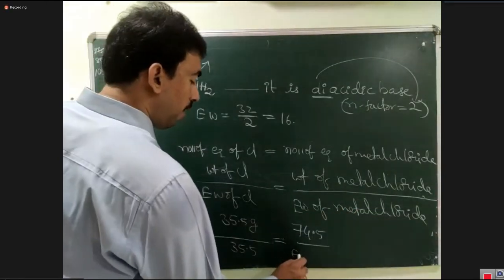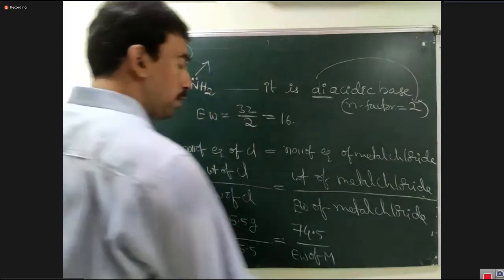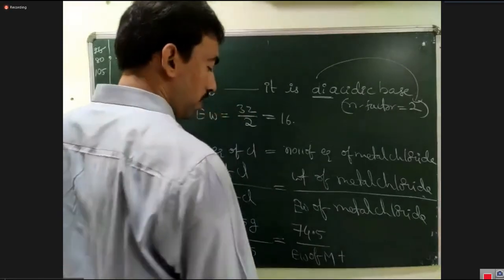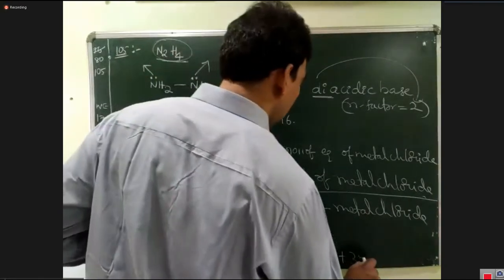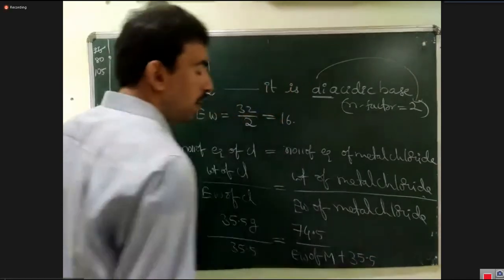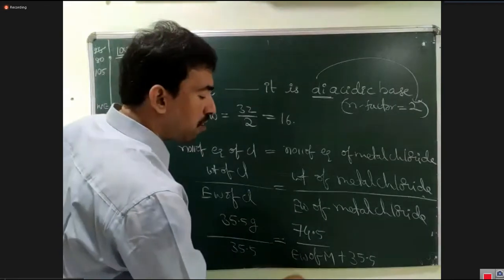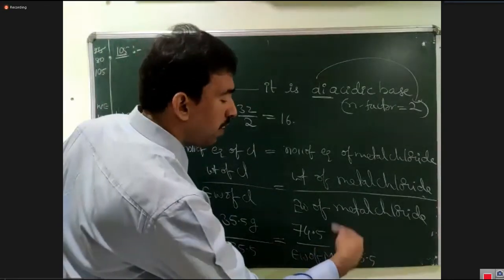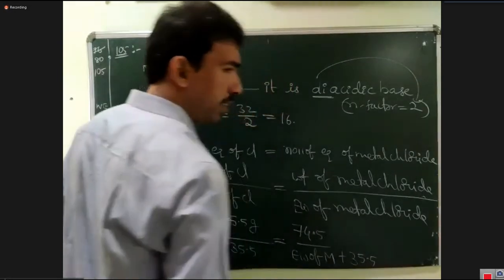So equivalent weight of metal chloride is nothing but equivalent weight of metal plus equivalent weight of chloride. Chloride means Cl minus.